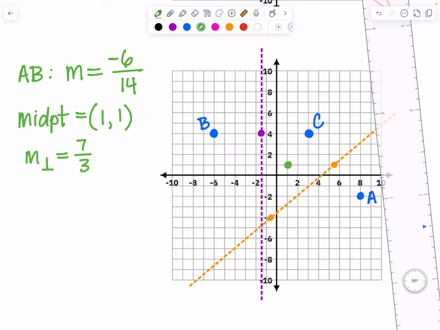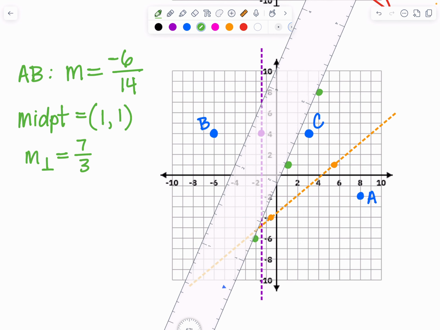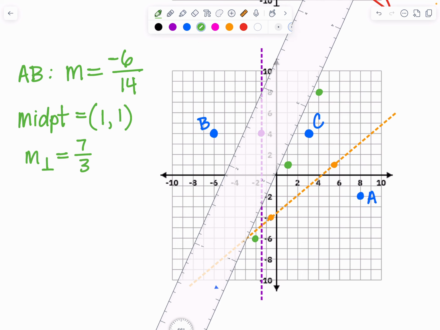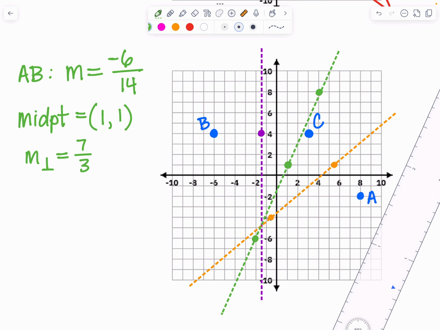So once we do that, we can go up 7, 1, 2, 3, 4, 5, 6, 7, over 3, 1, 2, 3. All right. So here is our perpendicular bisector. All right. So we have all three of them drawn.